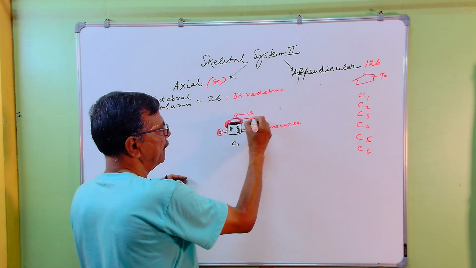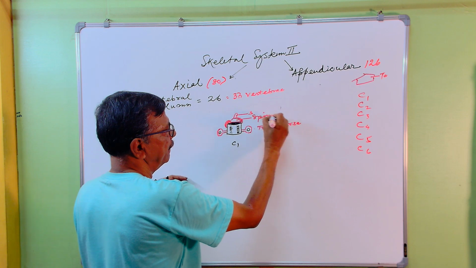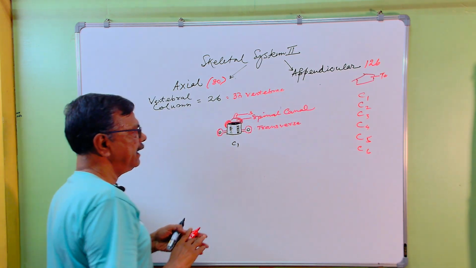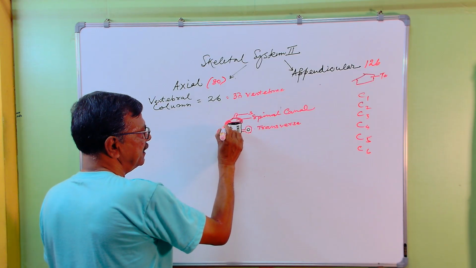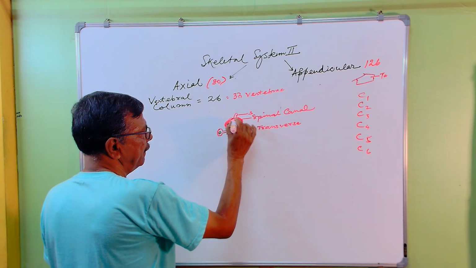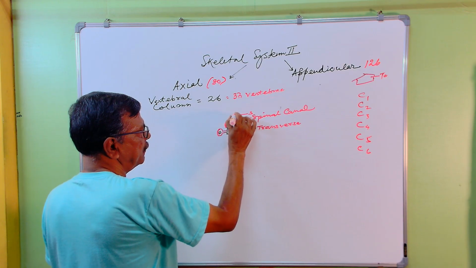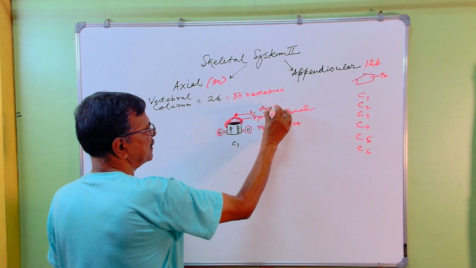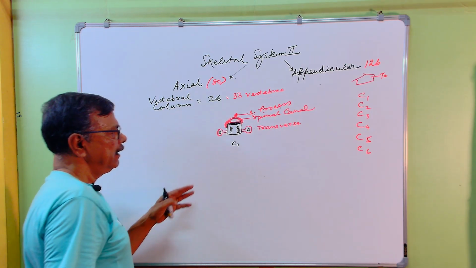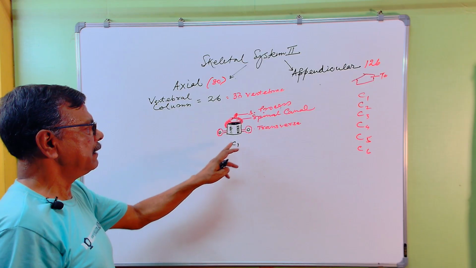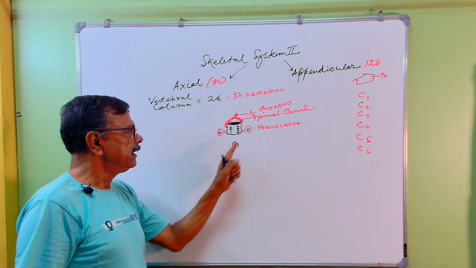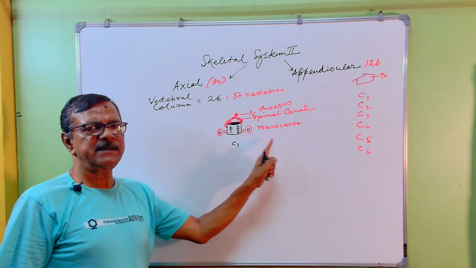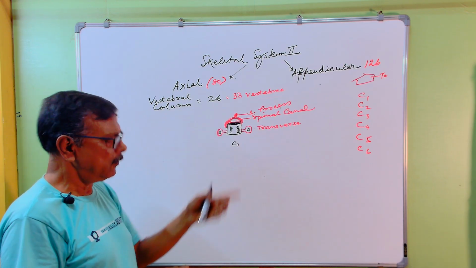Here, the spinal canal and this neural arch have another outgrowth known as the spinous process. The speciality of the cervical vertebra is that on both sides of the transverse process it has a hole.